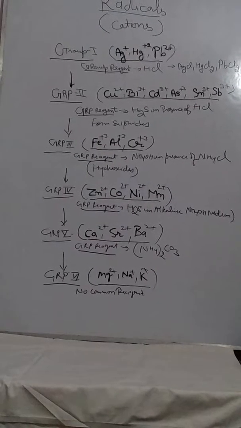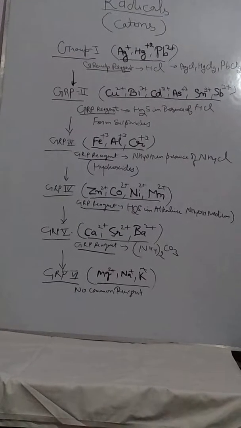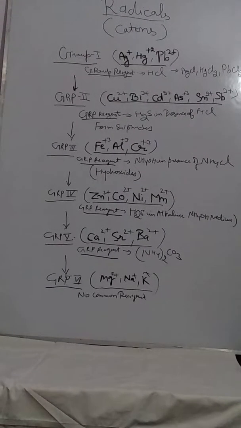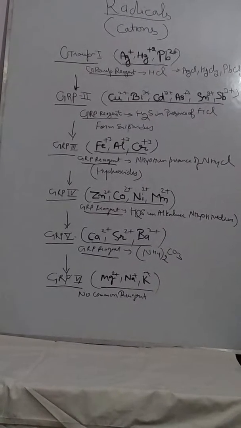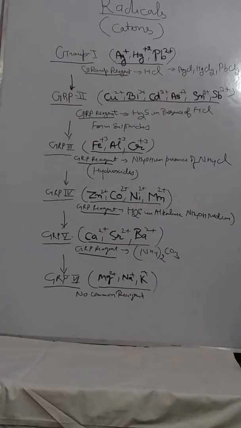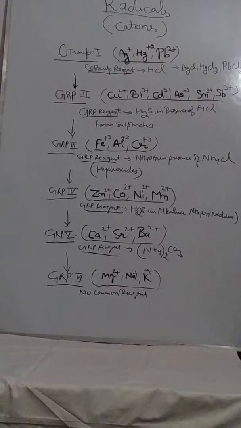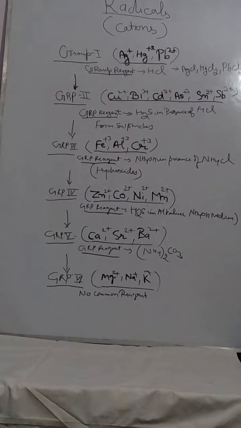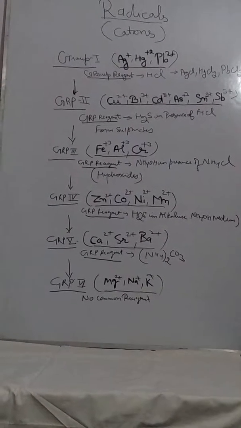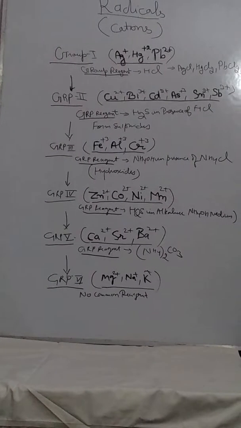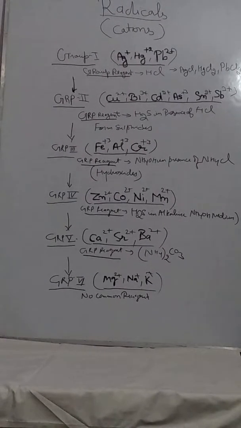So after preparation of the proper original solution that should be transparent, we have to go for the test of group first. How can it be performed? Just by addition of HCl in the original solution. If there is an appearance of precipitate, we can say that in a given inorganic mixture there is a presence of group first.